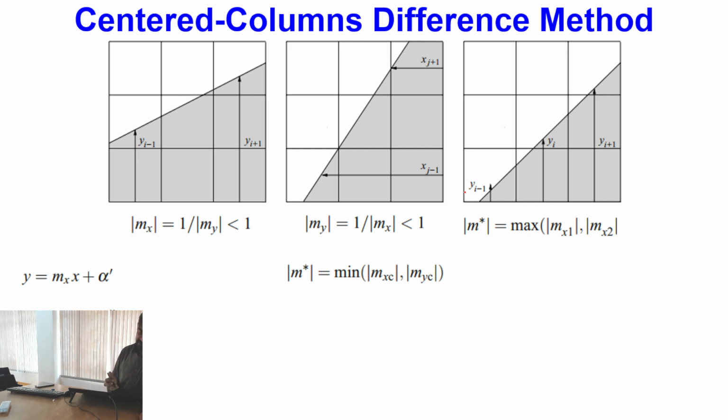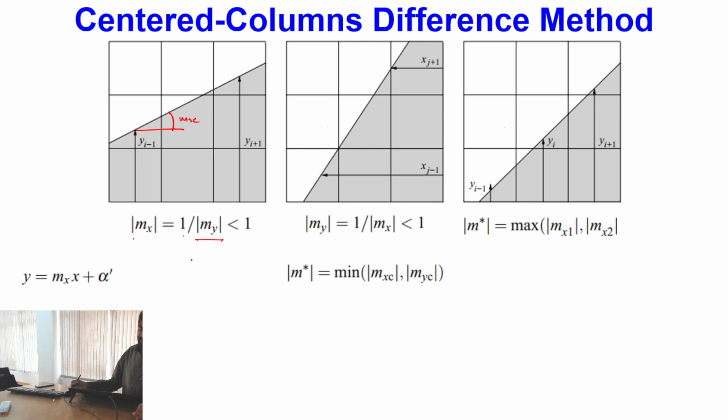Okay, so here you can see the first type of interface reconstruction. In this one, the angle with respect to x is nothing but my mx. Mod of mx here will be equal to 1 divided by mod of my, because if I have two normal lines, then the multiplication of their slopes comes out to be -1.